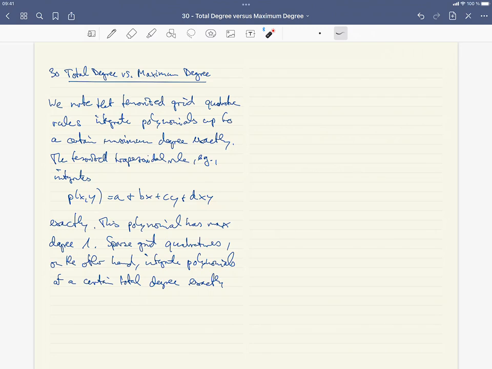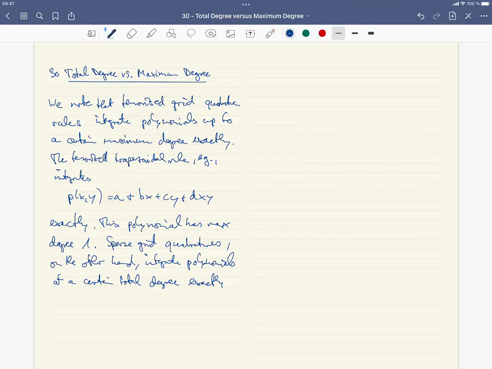And you can see that if I now ask for the polynomials of max degree of a certain order and total degree of a certain order, you will see that with the total degree you have fewer unknowns. So only this part would have total degree 1, and this already would be total degree 2.